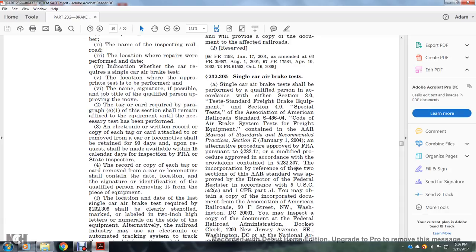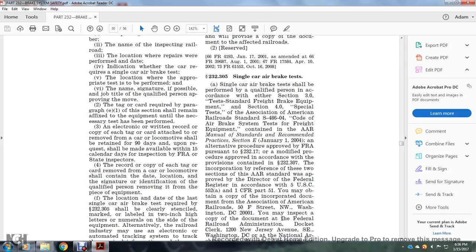The incorporation by reference of these two sections of the Association of American Railroads Standards was approved by the Director of the Federal Register in accordance with 5 U.S.C. 552(a) and 1 CFR Part 51. You may obtain a copy of the incorporated document from the Association of American Railroads, 50 F Street NW, Washington, D.C. 20001.